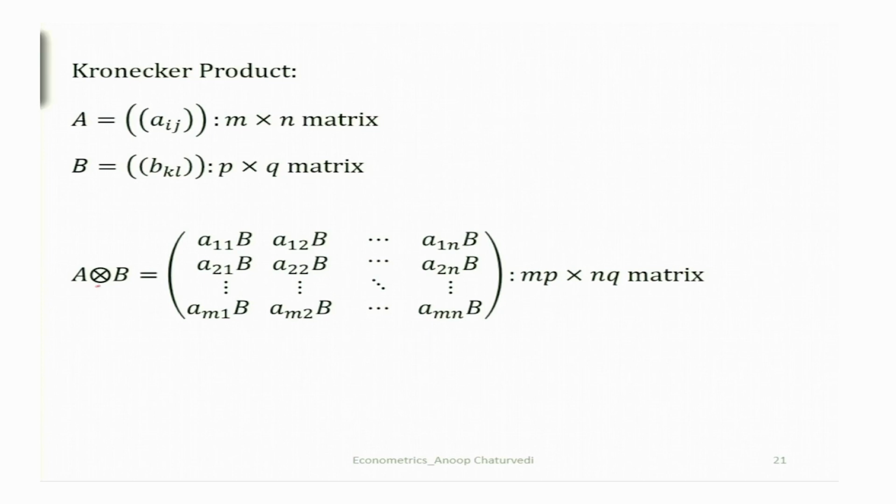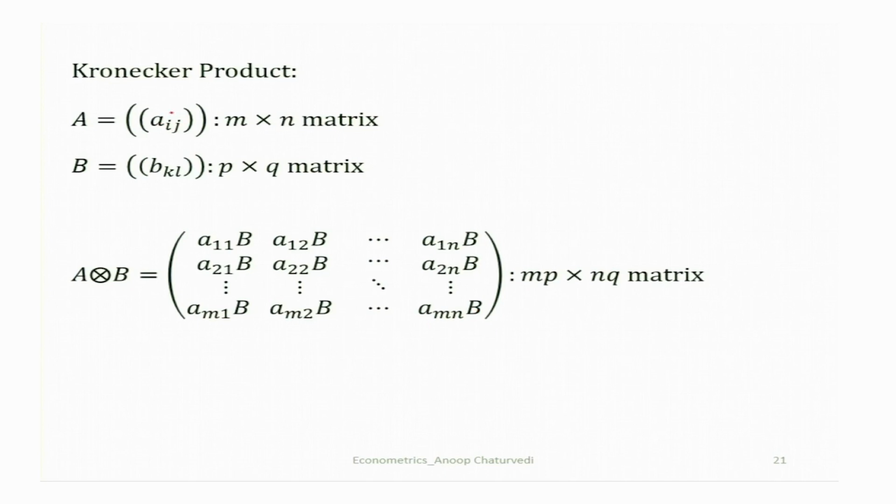Then we define A canonical product B as the block matrix with rows a 1 1 B, a 1 2 B, and so on a 1 n B; a 2 1 B, a 2 2 B, and so on a 2 n B; up to a m 1 B, a m 2 B, and so on a m n B. So, what you have done?